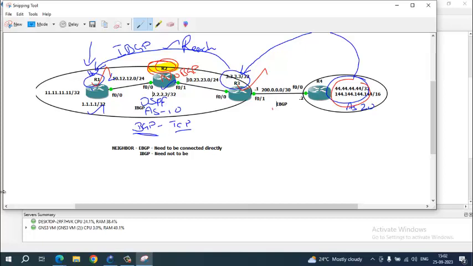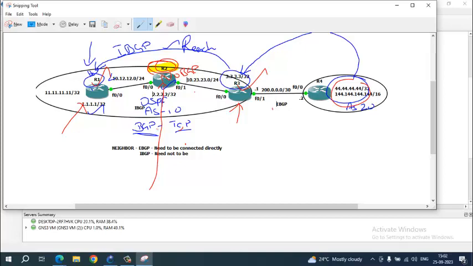Yes, this is possible because it's a TCP based protocol. See, when you telnet, for example, from R3 to R1, will there be any telnet session maintained here? No. According to R2, it is one TCP packet it is forwarding. It's just simply receiving from one side and giving to the other side.